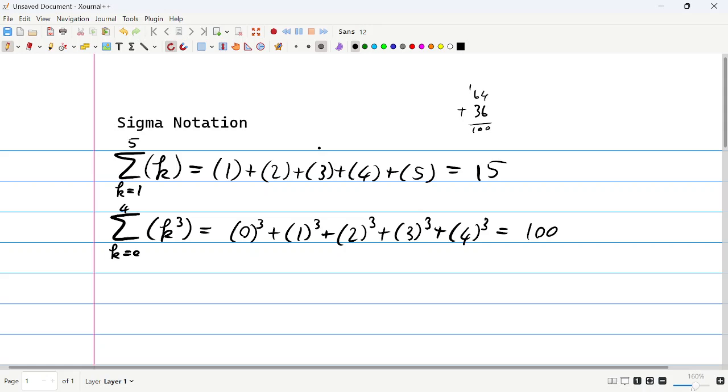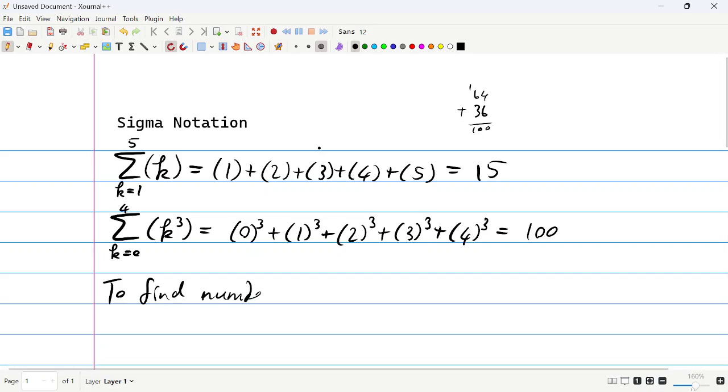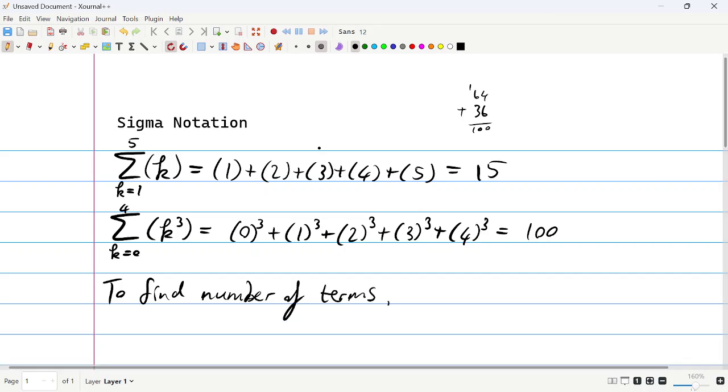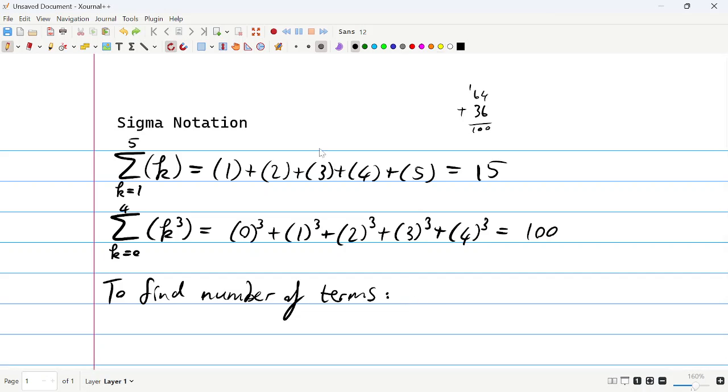Also, one small little thing, by the way: to find the number of terms, we need to do the following. We need to take the highest value, so it'll be the top, which I'm rather going to color code, by the way.